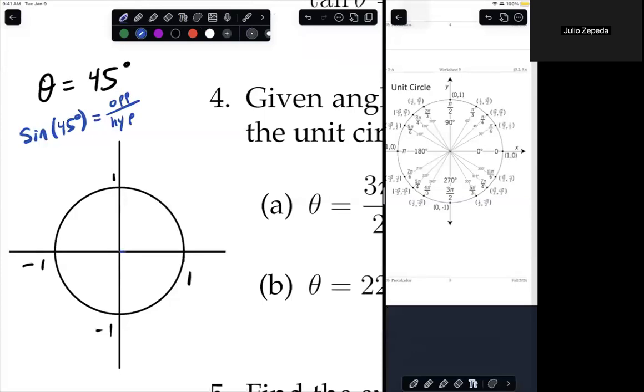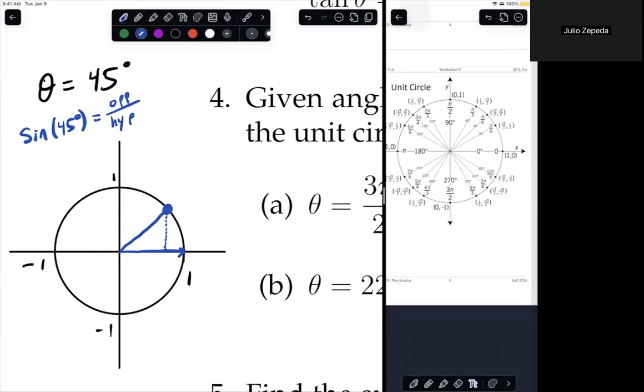Well, we can draw the angle here, and this side will terminate at the unit circle. It turns out that the unit circle can give us the sine of 45 degrees just by looking at the coordinates of where this terminating side intersects with the unit circle.